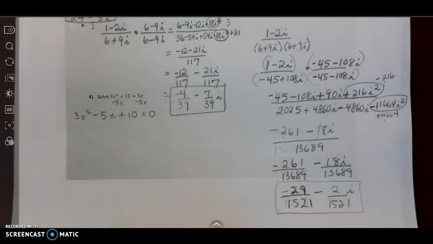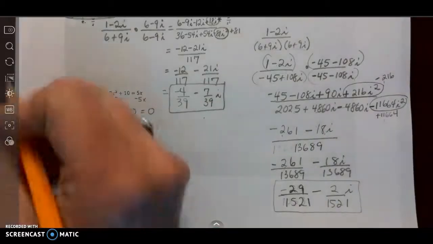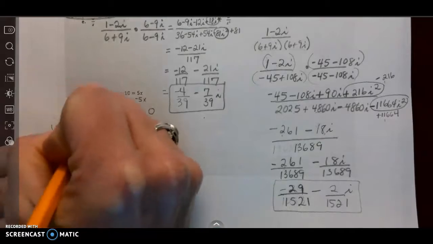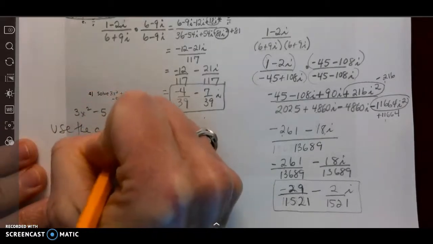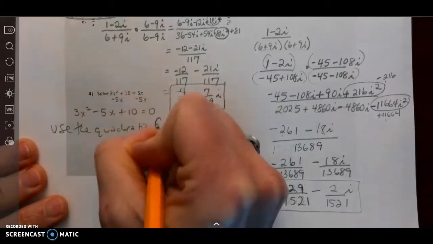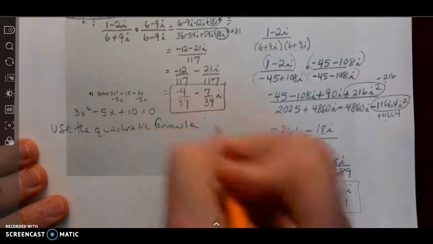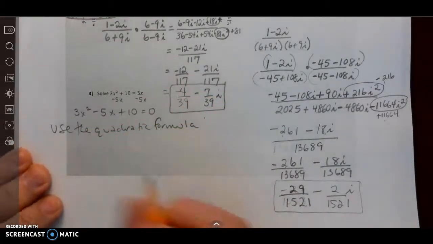I will try graphing this, and I will find that I can't see any zeros. If you can't factor, and you can't see it on the graph, you need to use the quadratic formula. The only way to find complex or imaginary solutions.